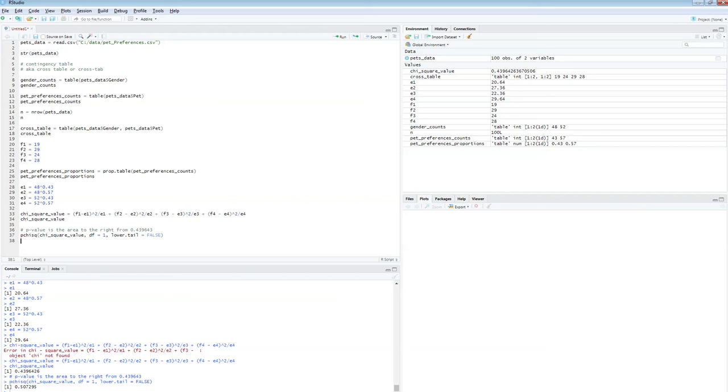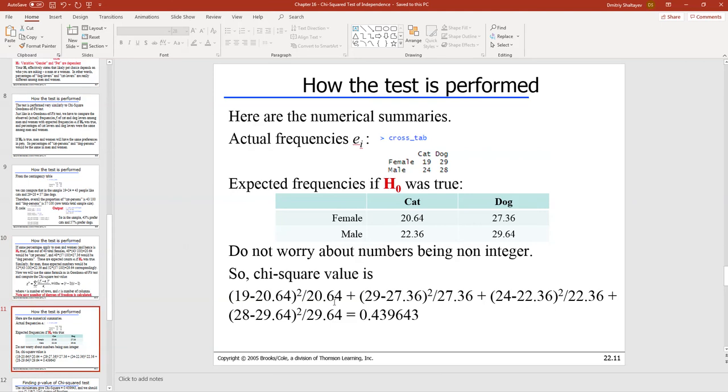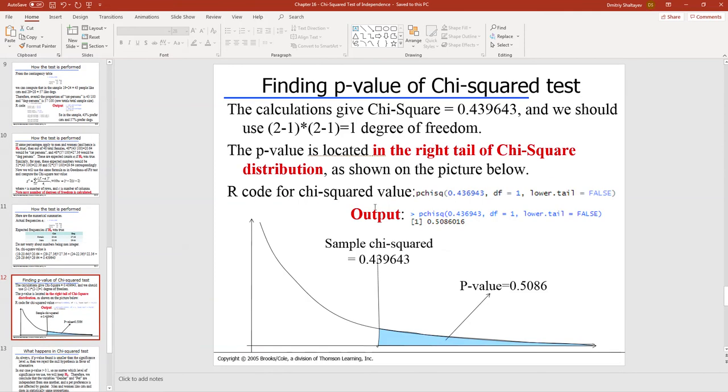Now let's go back to the hypothesis testing. In the slides I have exactly all these calculations repeated. Here is graphically what's going on. I calculated my chi-squared, and the degrees of freedom is 1, so I'm using the probability function for the chi-squared, lower tail is false. This is what the picture looks like.